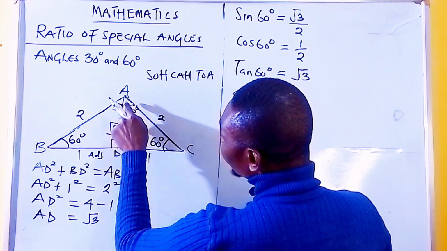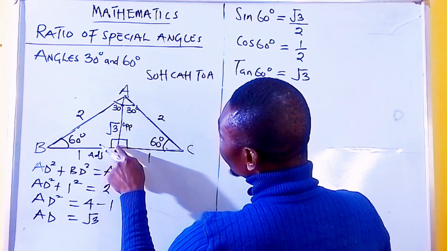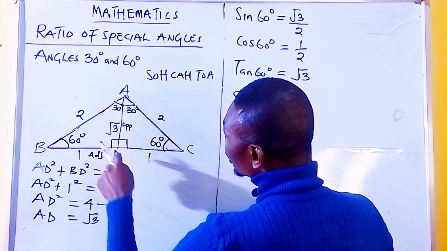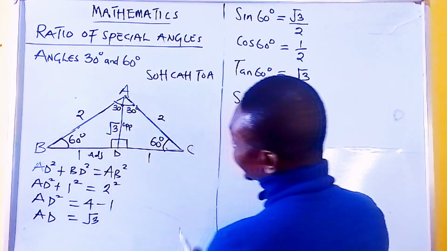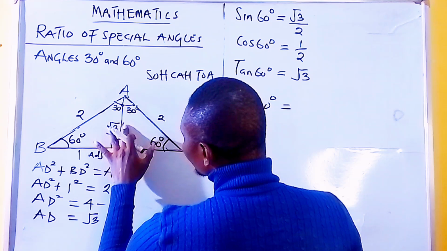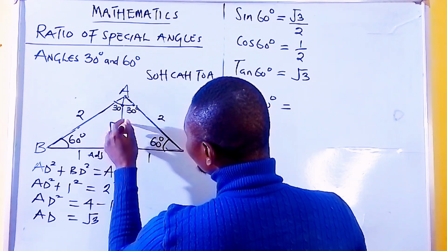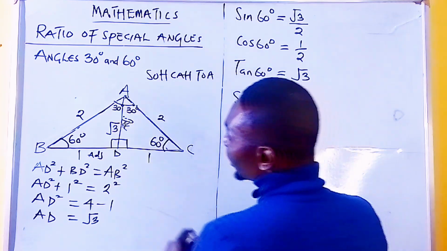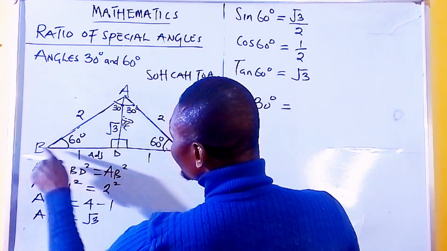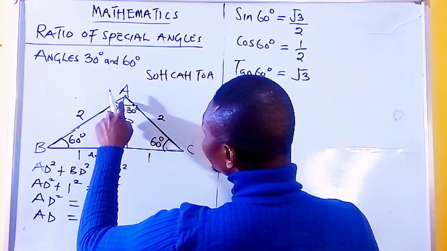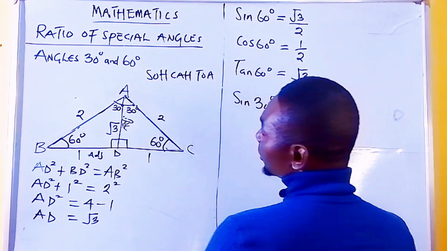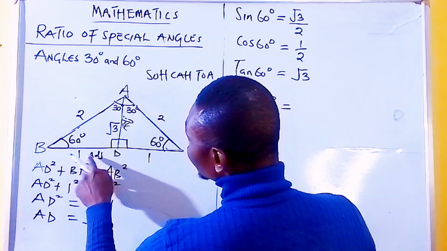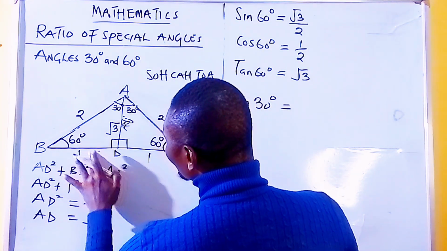The line near or close to this angle here is called the adjacent, as against the opposite side. Then line BD is now facing angle A, so this side now becomes the opposite side.